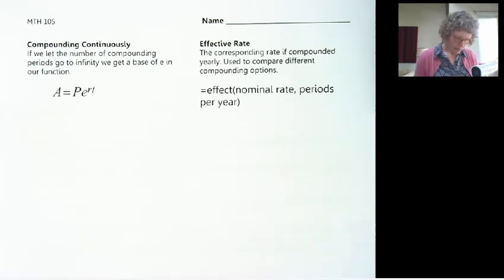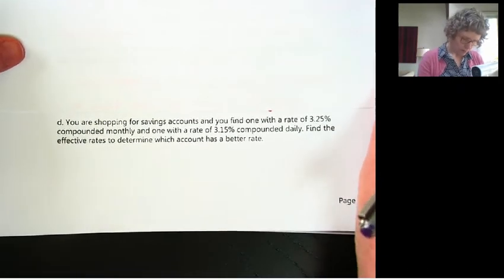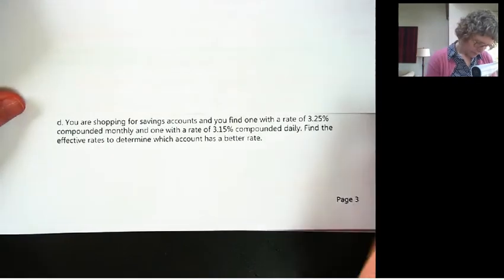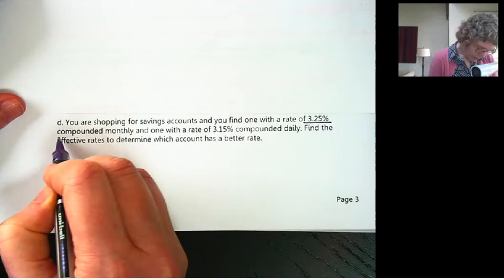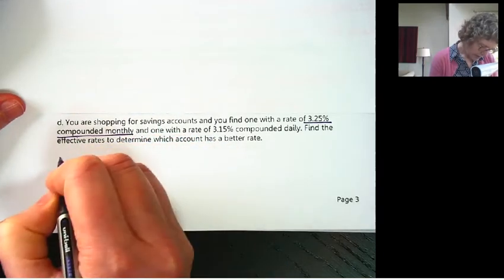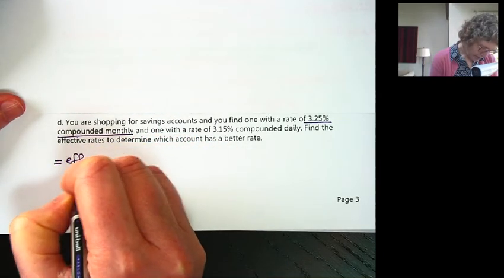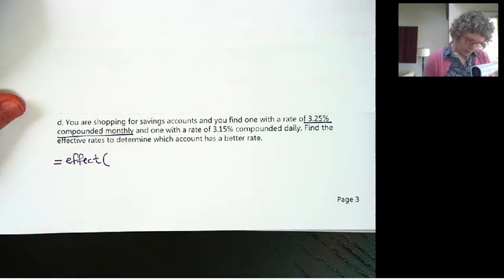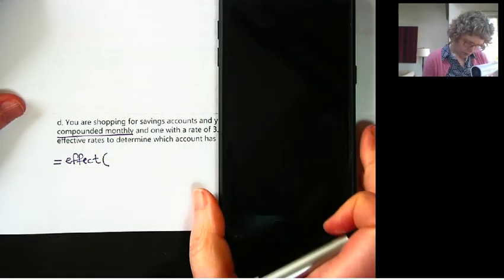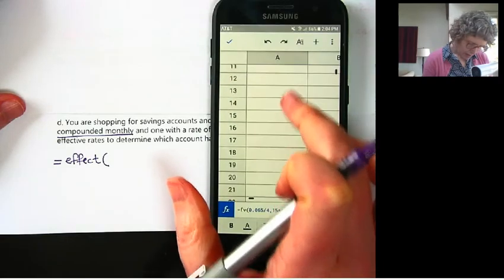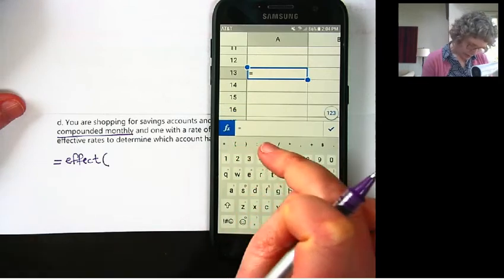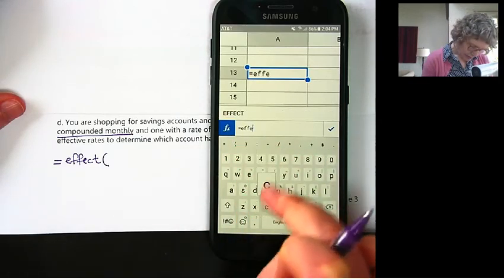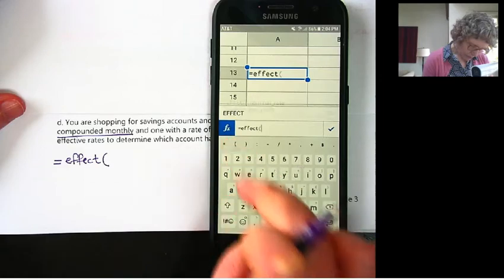Okay, so let's use this. Let's take the first one, 3.25% compounded monthly. So equals EFFECT. Okay, and if I'm not sure, since I've just covered up my formula, I'm going to go equals EFFECT, and I can see it's a formula right there.